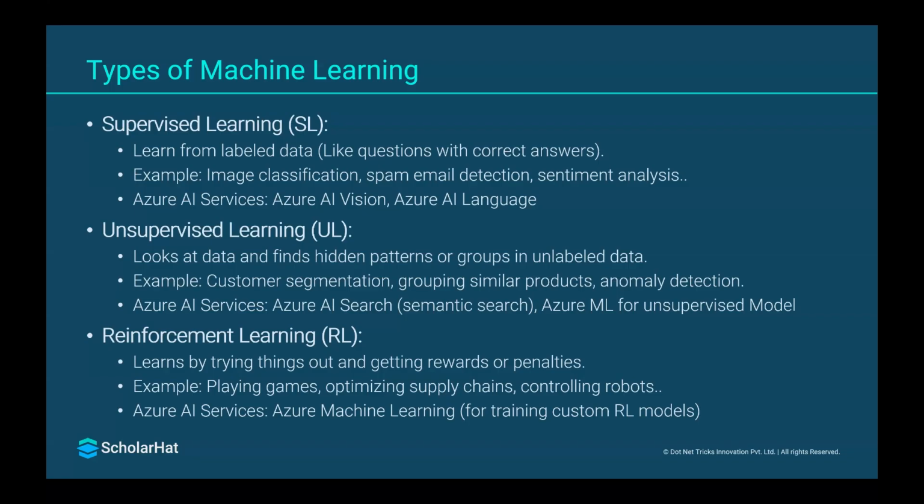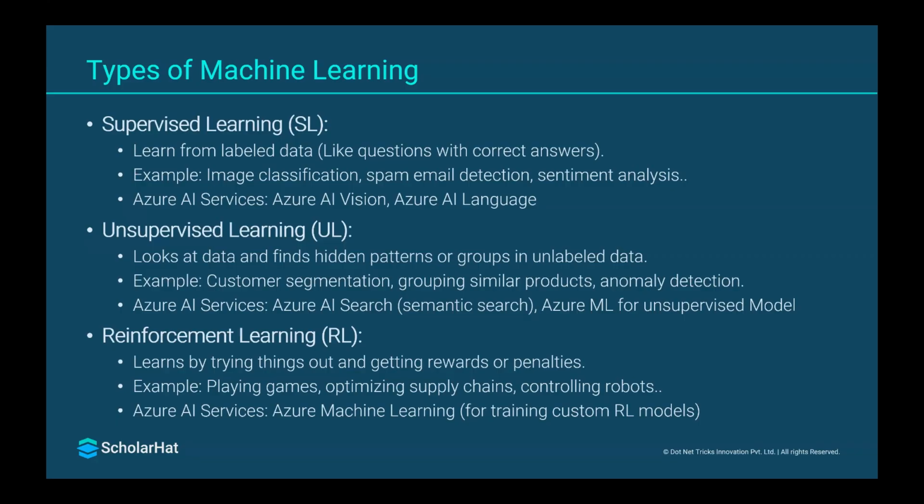The model starts playing the game, and based upon the game score, based upon how well it is performing, the model learns by itself. Examples for reinforcement learning are playing games, optimizing the supply chain, and controlling robots.